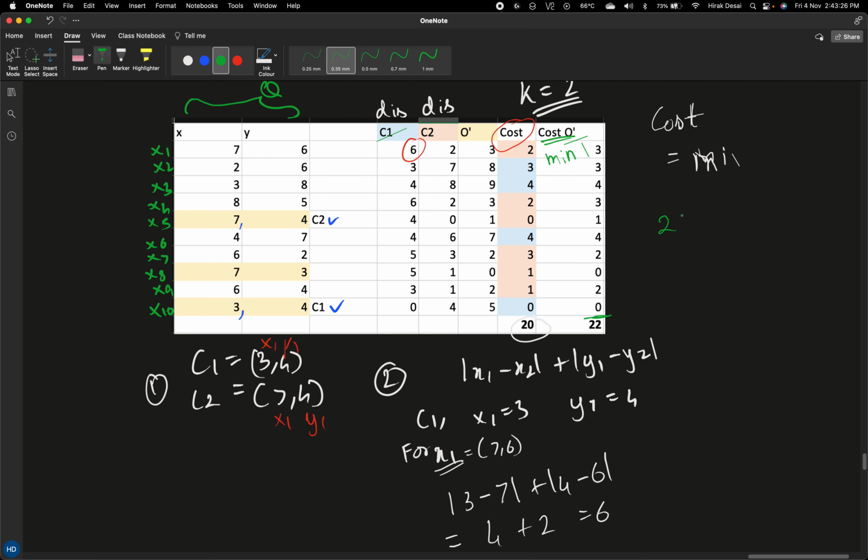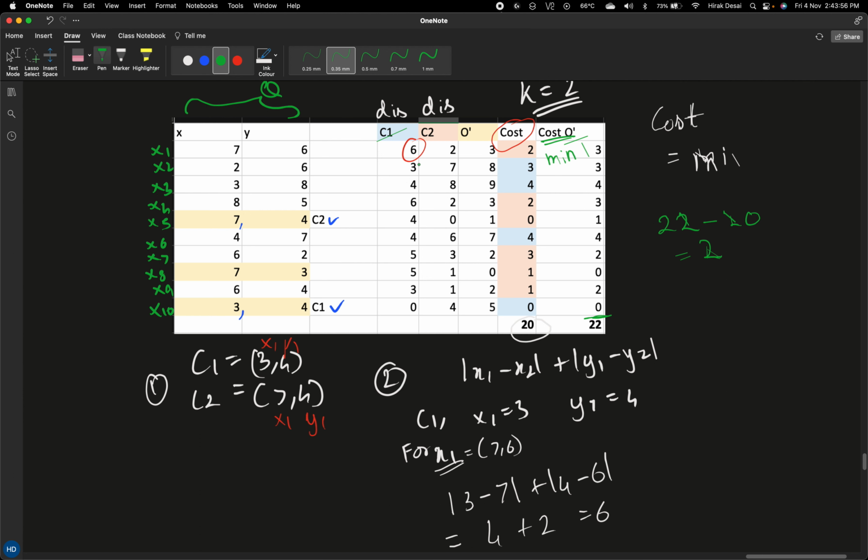Now 22 minus 20 is 2. You understand? 22 minus 20 is 2, which is greater than 0. Then the previous medoids that you found were right, so that becomes your final answer.